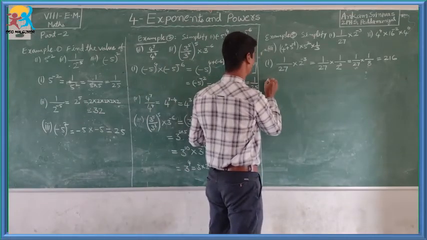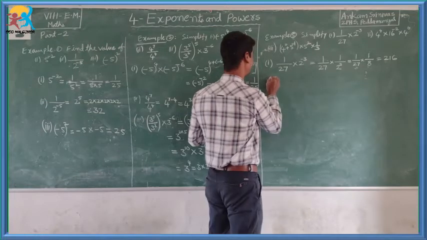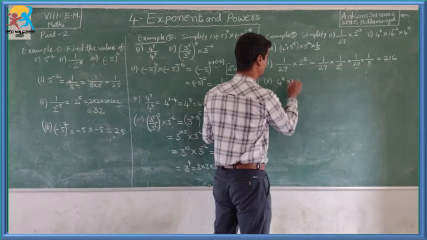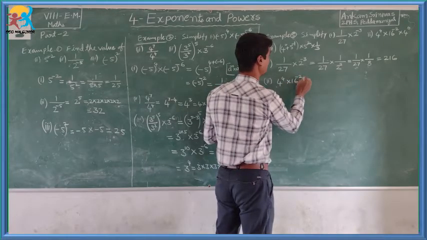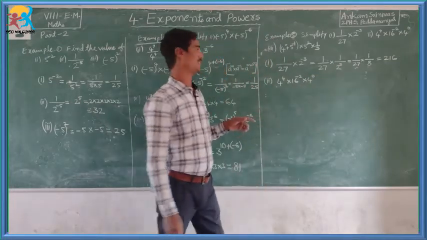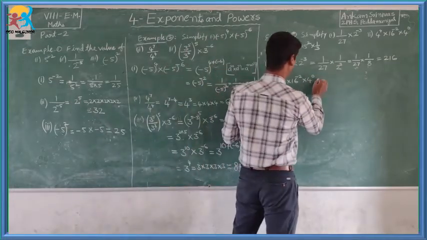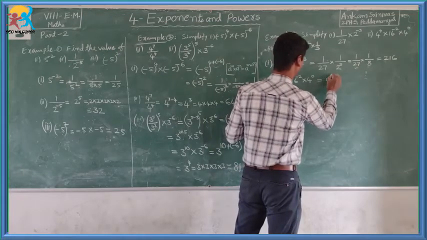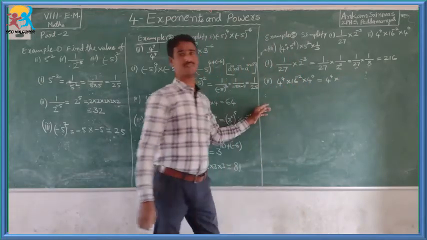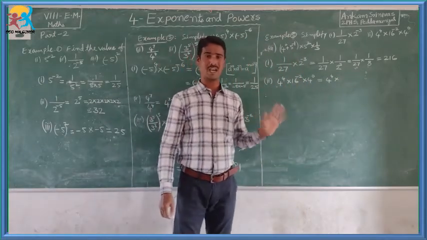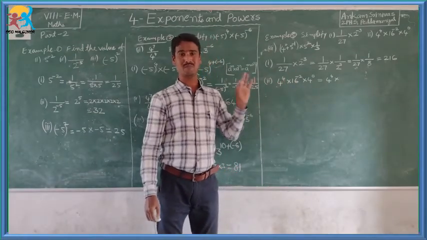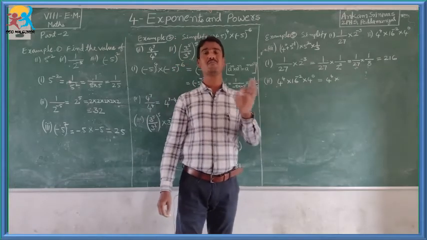What is given here? The second problem is 4 power 4 into 16 power minus 2 into 4 power 0. First I am going to write 4 power 4 as it is, and 16 power minus 2. Children, when you have a negative exponent in a power, you must convert it into positive.